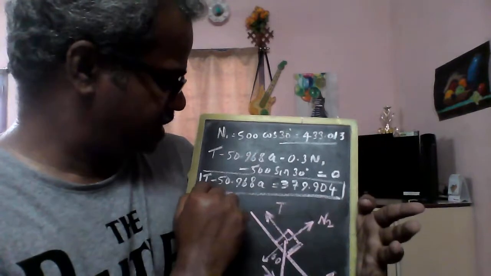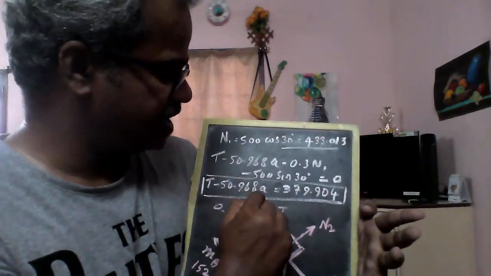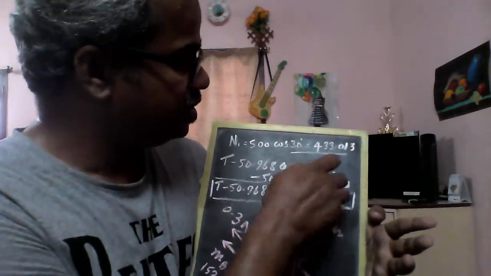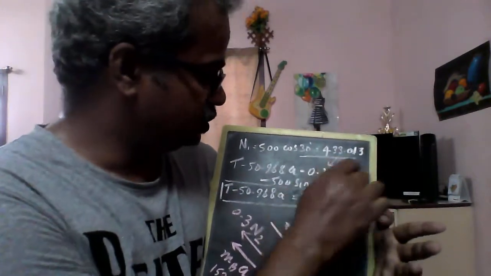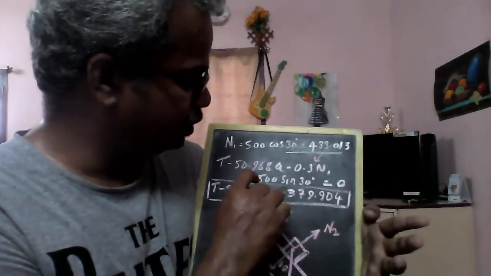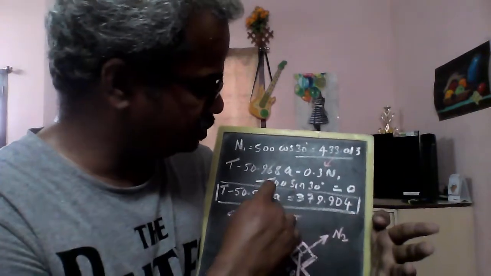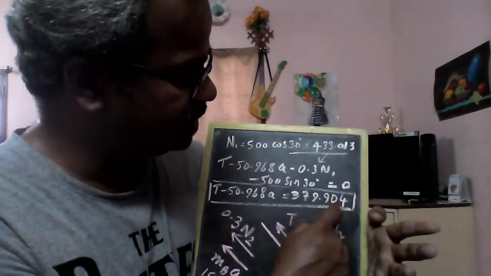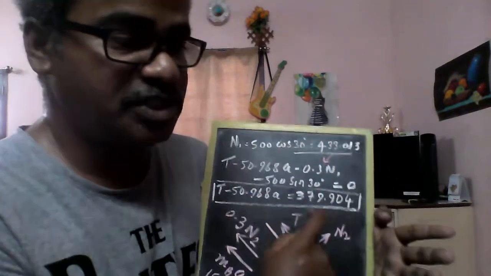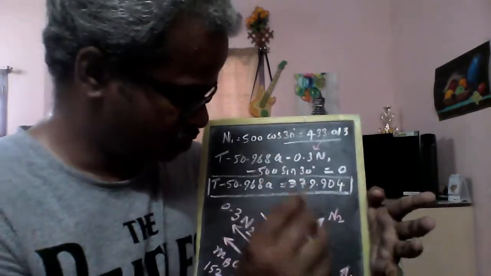So T minus 50.968 A is equal to this. If you substitute N1 here, 500 sin 30 will be 250. Adding these two and taking them to the right side, it will be 379.904. This is my first equation for the first block.